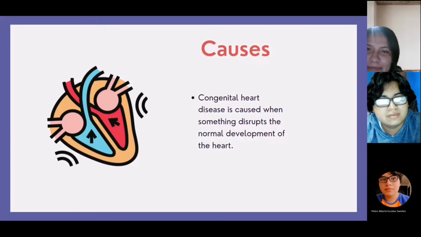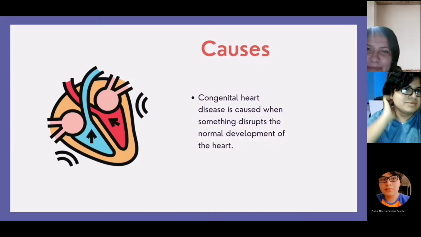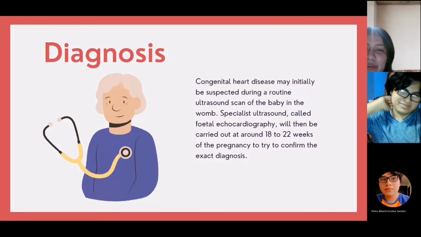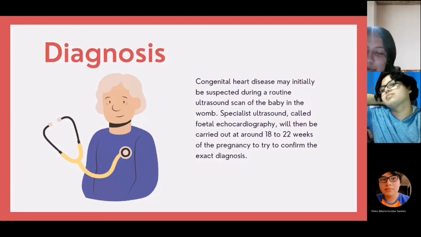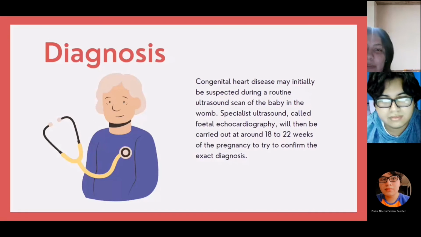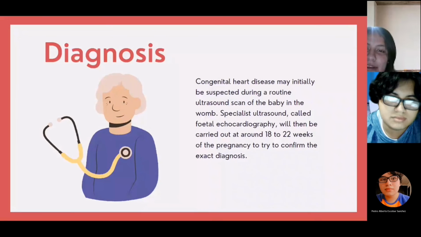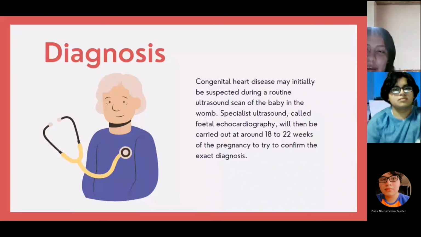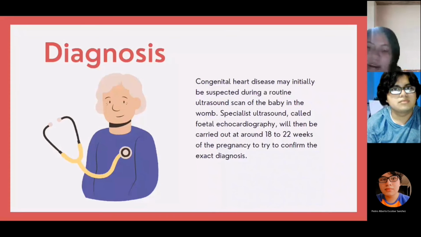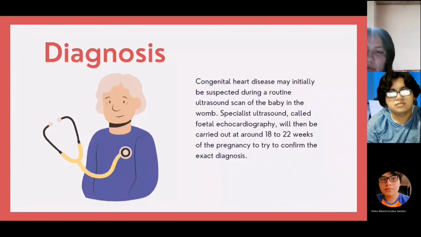The diagnosis of congenital heart disease may initially be suspected during a routine ultrasound scan of the baby in the womb. A special ultrasound called a fetal echocardiogram will then be carried out at around 18 to 22 weeks of pregnancy to try to confirm the exact diagnosis.